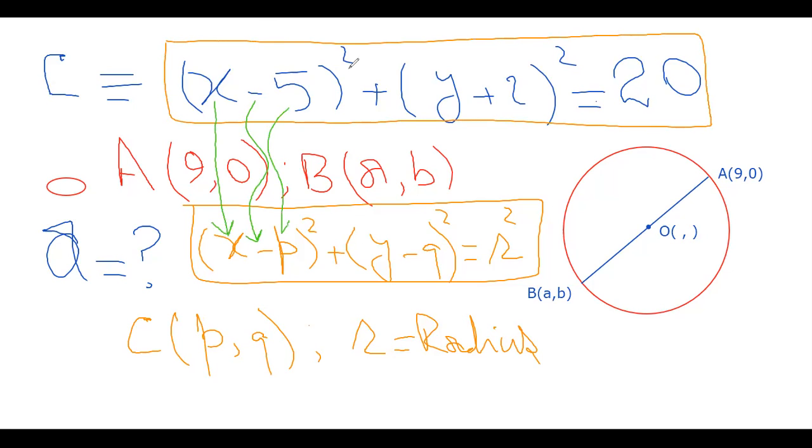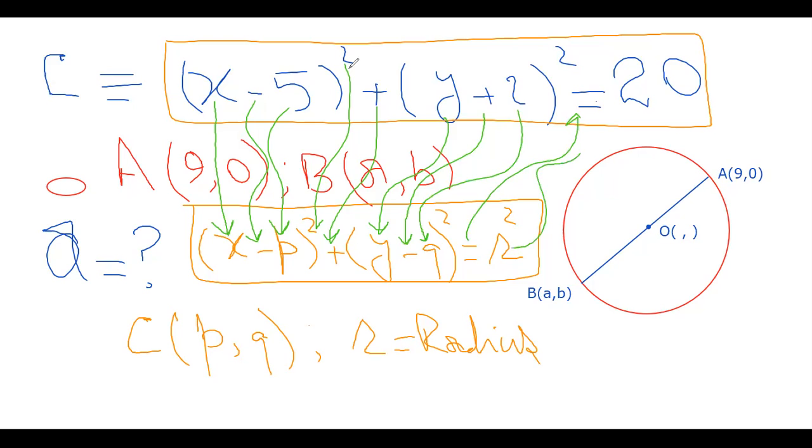This 5 is p now. You have the square also. You have the plus sign also. So you have the y and you have plus, but here is negative. So you have 2 in place of q and you have the sign of equality. You have the r square that is 20.